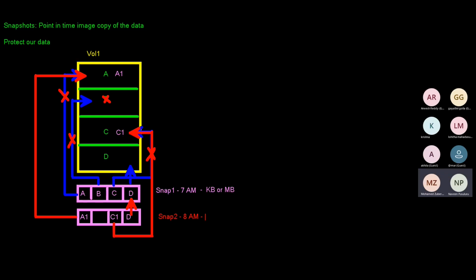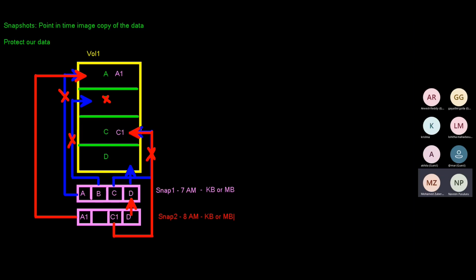If you change something, if you delete something, everything will be moved under Snap1 and the data will be protected by Snap1. But when we get another snapshot, from now onwards, Snap1 will remain the same. There will be no changes on Snap1. So whatever changes we are doing on the volume, everything will be captured by Snap2 only. So everything will be captured to the latest snapshot. Okay. This is how the snapshot will work.